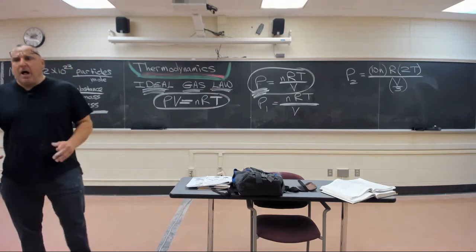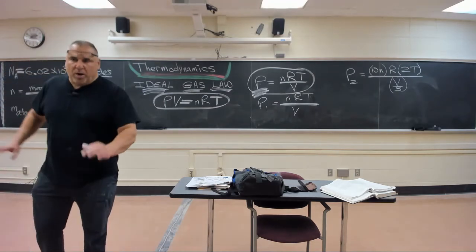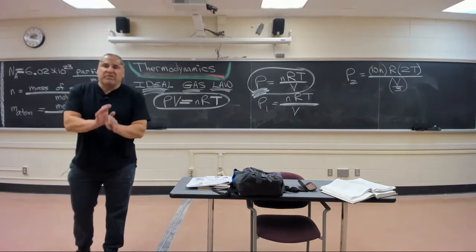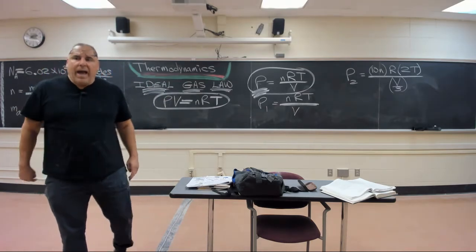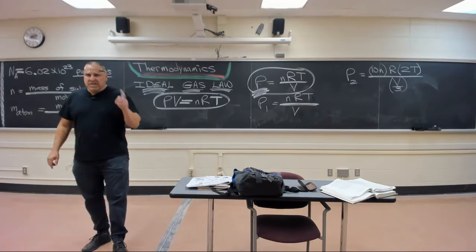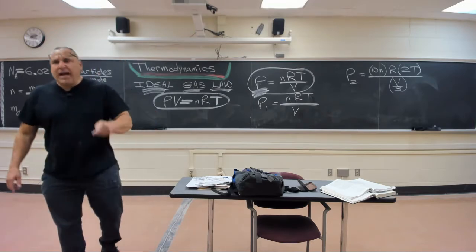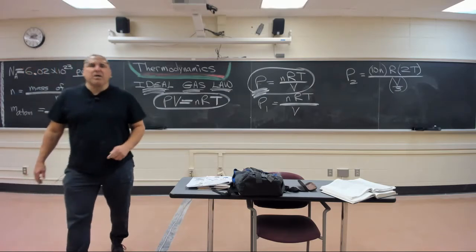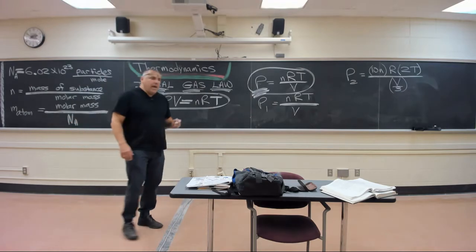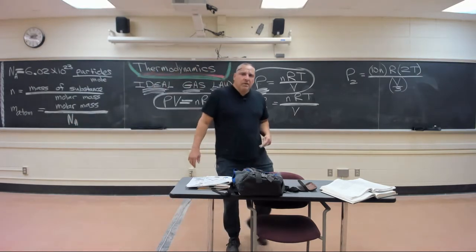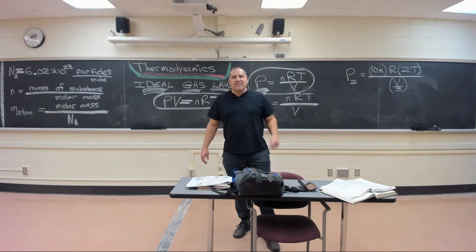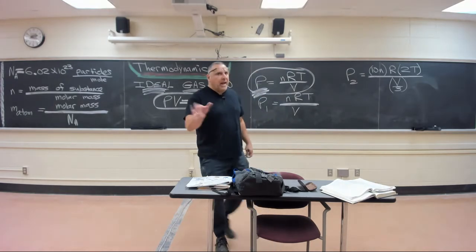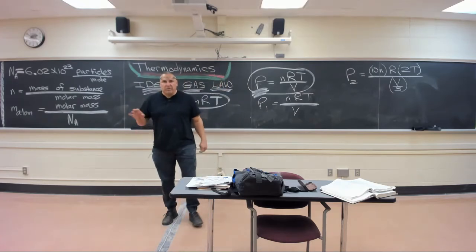Let's say you kept the same amount of substance in there, N moles, and you kept the temperature the same, T. If you just scrunched it down and made the volume 1/3 as much as it was earlier, the kinetic energy is the same, same amount of particles and everything.